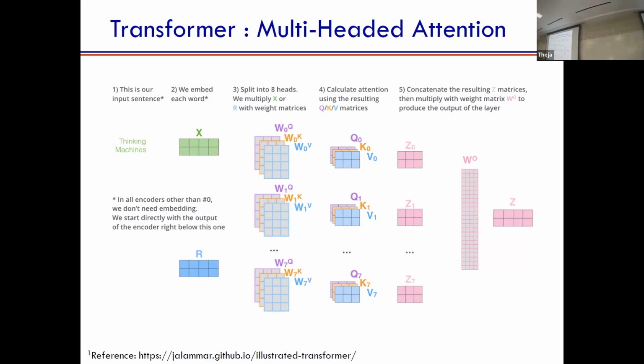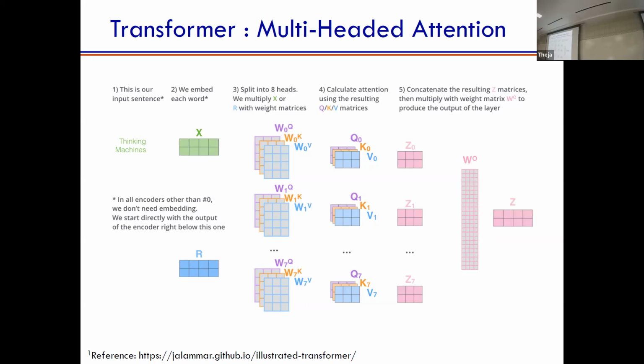Okay, so here's the full picture, just to wrap it up. Whatever inputs you have, in the first encoding unit you would actually have the embeddings, but if not, you would have the previous encoding unit's outputs. Here I'm just showing 2 because in our illustration there are only 2 words, but there would be whatever number. You have many such copies, let's say 8 copies of these 3 matrices: the weight matrix for getting the queries, the weight matrix for getting the keys, the weight matrix for getting the values.